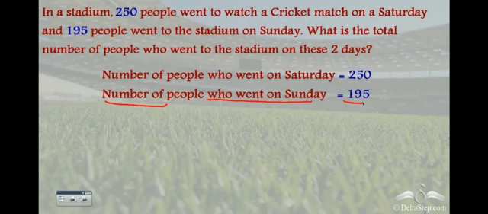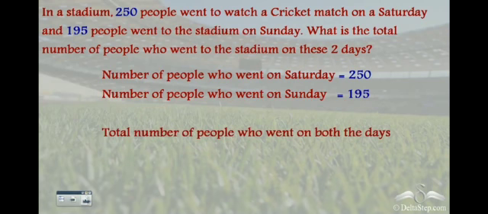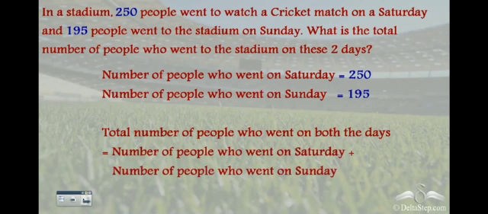Now what do we need to find? We need to find the number of people who went to the stadium on these 2 days. So the total number of people who went on both the days is equal to the number of people who went on Saturday plus the number of people who went on Sunday.